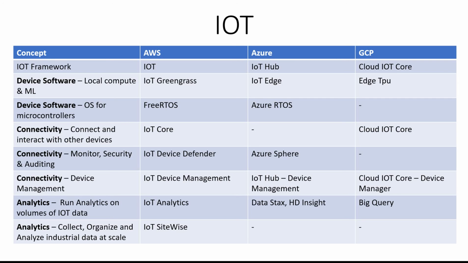These are very common patterns. For example, you can control a device remotely sitting in an office, you can control a device sitting somewhere in a forest or in a desert. So you can control the device remotely.